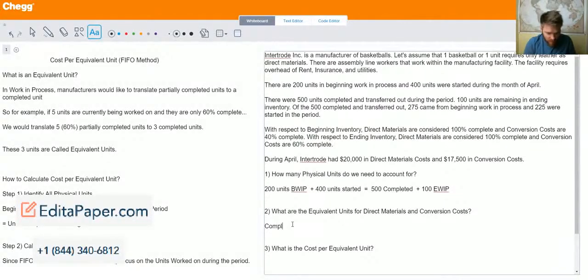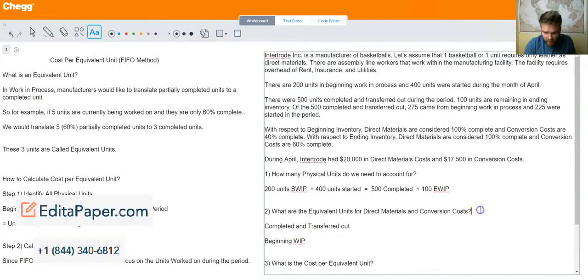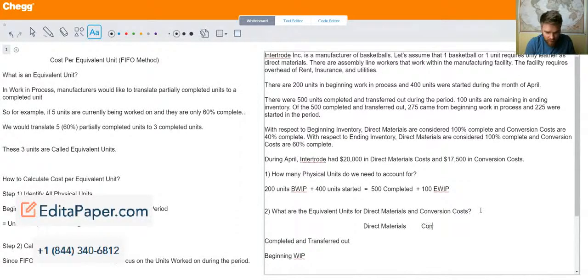So, completed and transferred out, we know that from beginning work in process, and we're going to go ahead and set this up where we have column headers here. So this will be direct materials and conversion costs here.